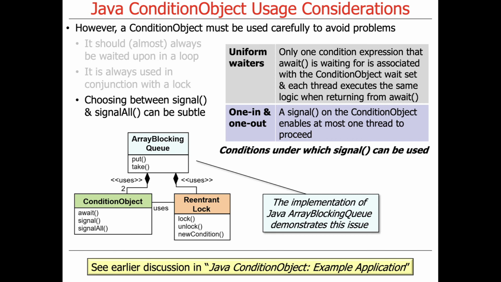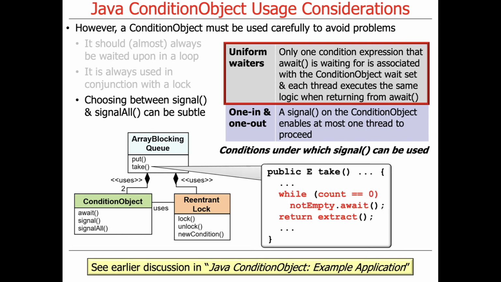So these are the conditions under which you should use signal or signal all. Signal can be used if you have uniform waiters and one in, one out semantics. And we're going to use the array blocking queue as an example to make this more concrete. Uniform waiters says you can use signal if you're waiting only for one specific condition.